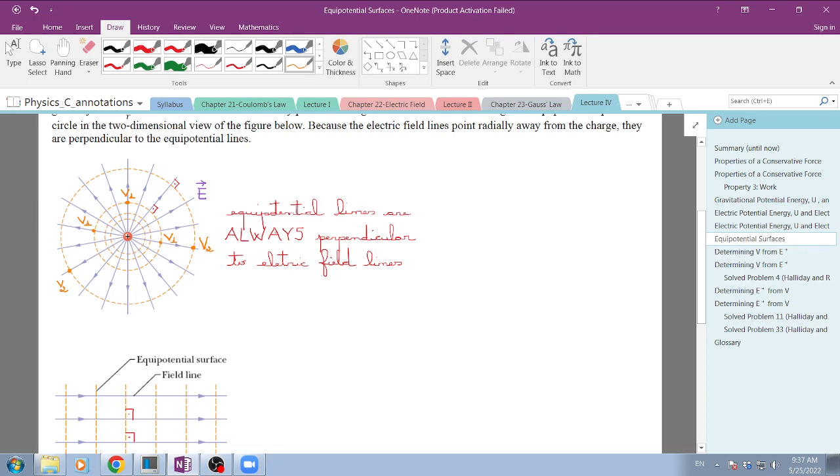And you have to remember the equipotential lines are always perpendicular to the electric field lines. In this case, because we have this radial electric field, the figure that is going to be formed here is actually concentric circles in relation to the charge.